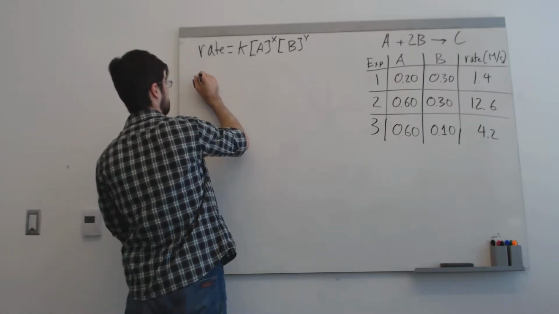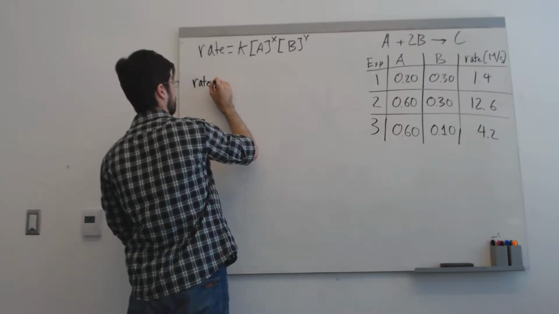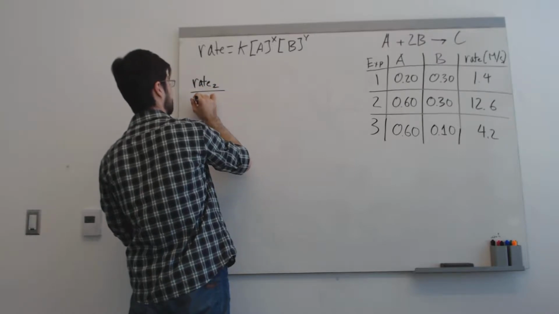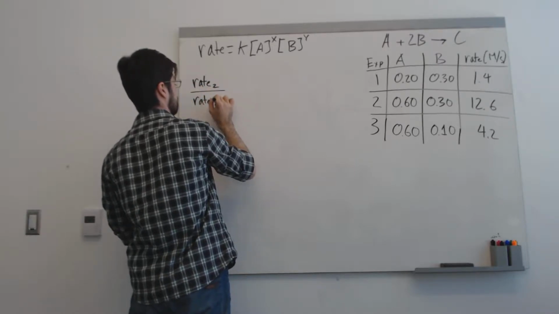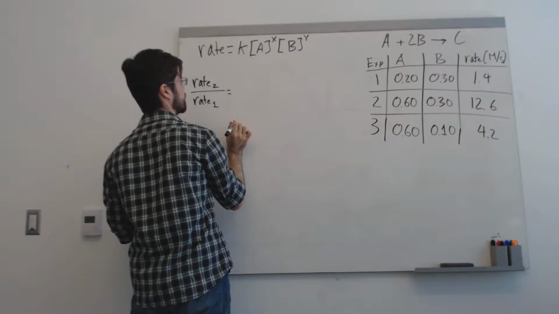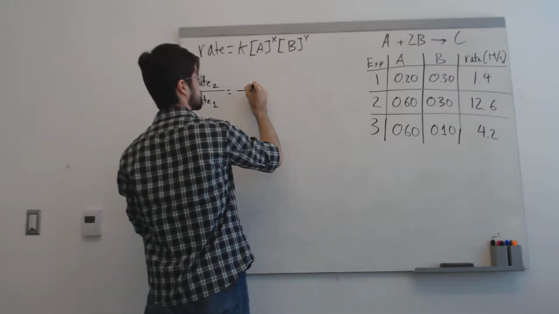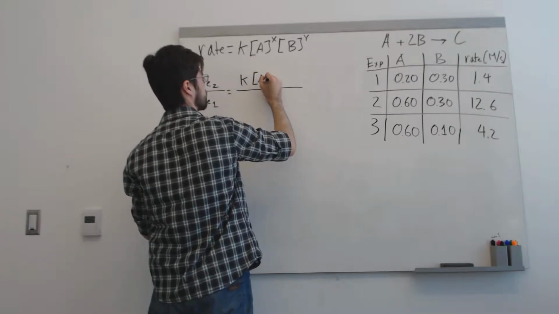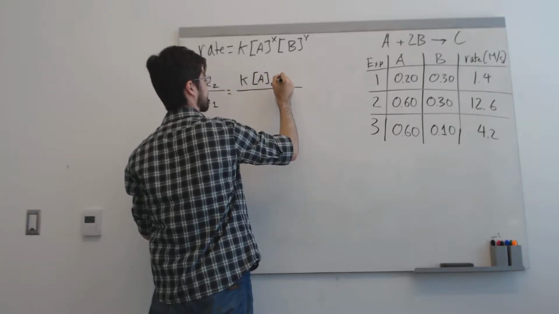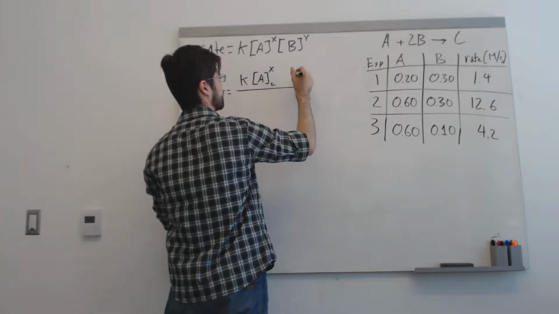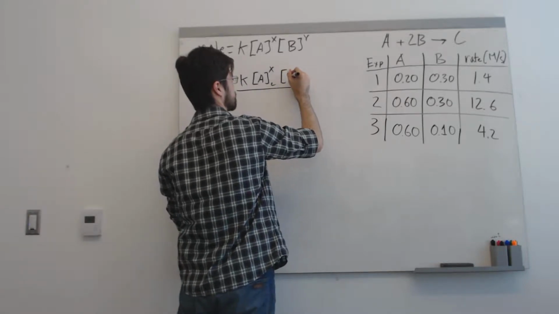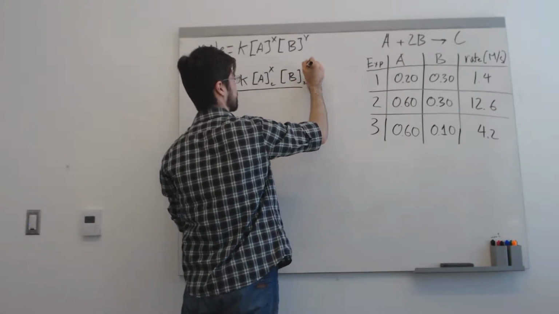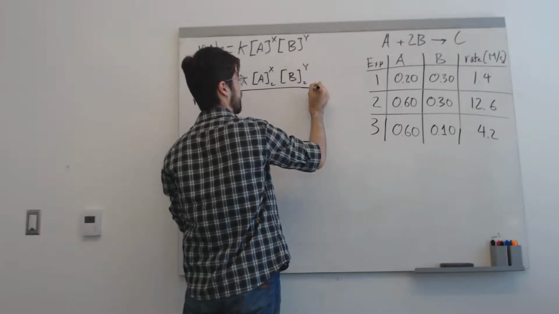If I take the rate of the second experiment and divide it by the rate of the first experiment, the rate of the second experiment is equal to k times the concentration of A in that second experiment raised to the power of x times the concentration of B in that second experiment raised to the power of y.